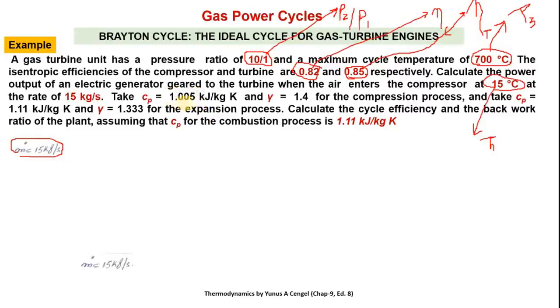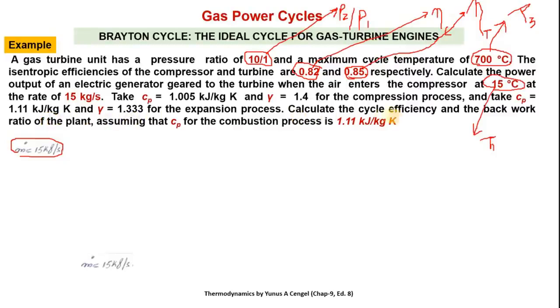Cp and gamma both are functions of temperature, and during the compression process the temperatures are quite low compared to the temperature at the inlet of a turbine.